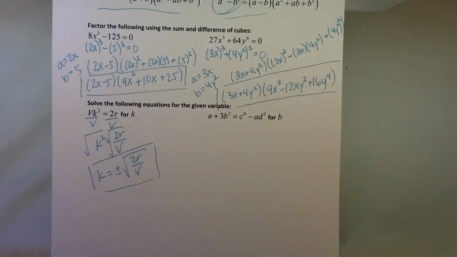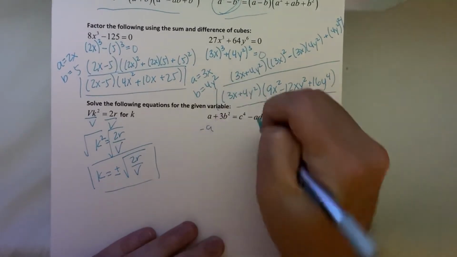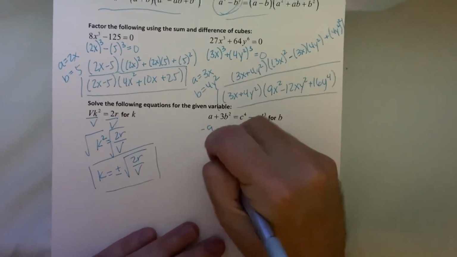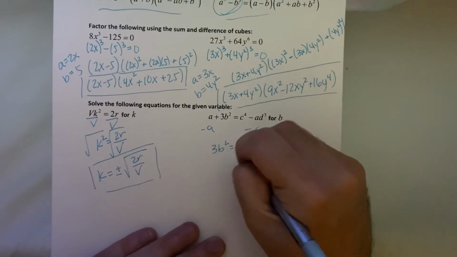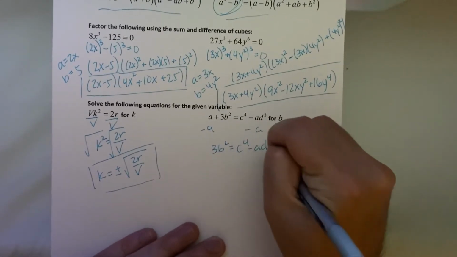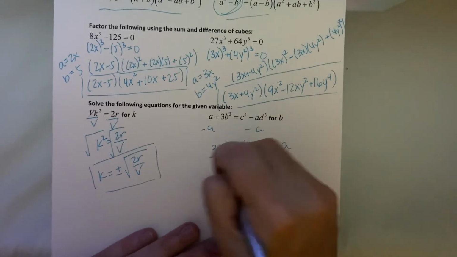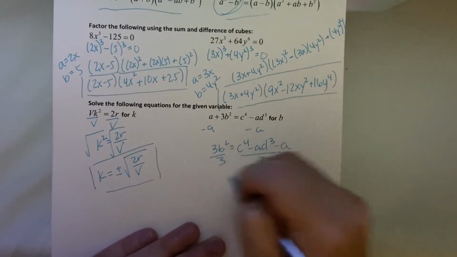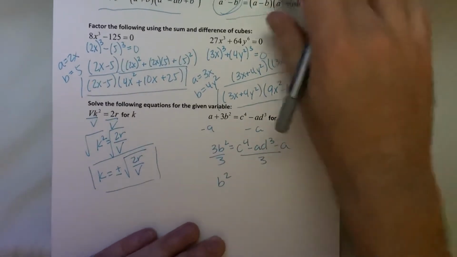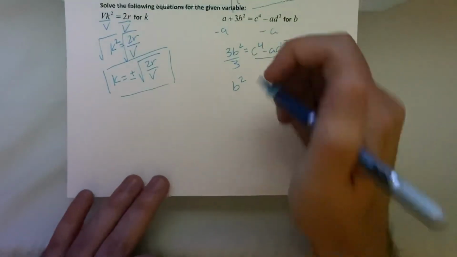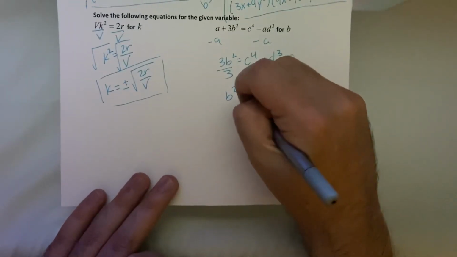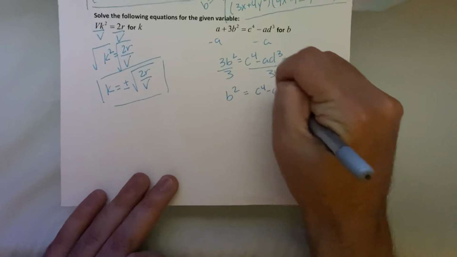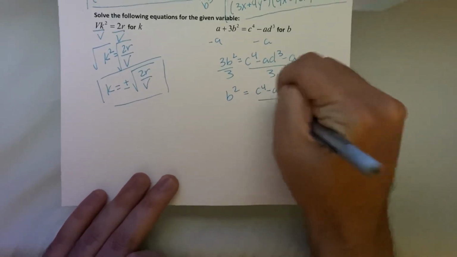And solve a plus 3b squared equals c to the fourth minus ad cubed for b. First things first, subtract a. Get 3b squared equals c to the fourth minus ad cubed minus a. Divide by 3. We get b squared equals c to the fourth minus ad cubed minus a all over 3.